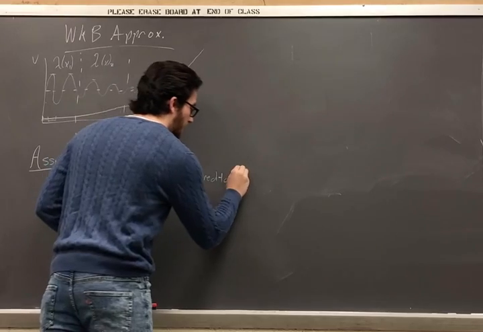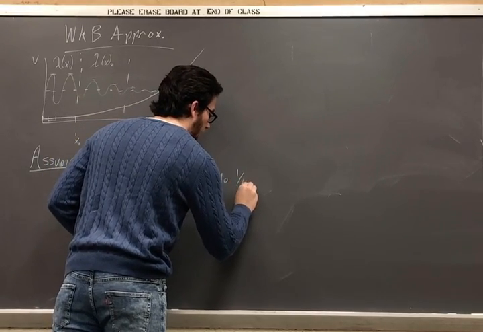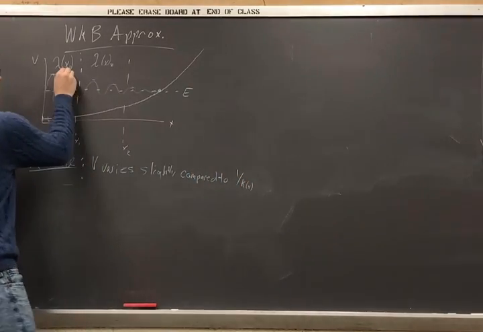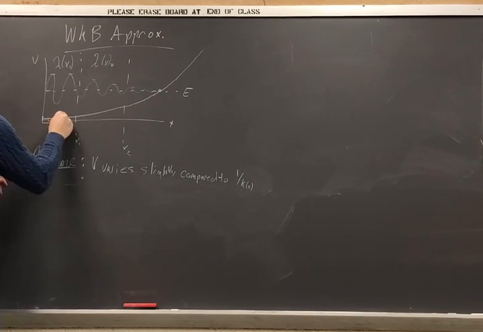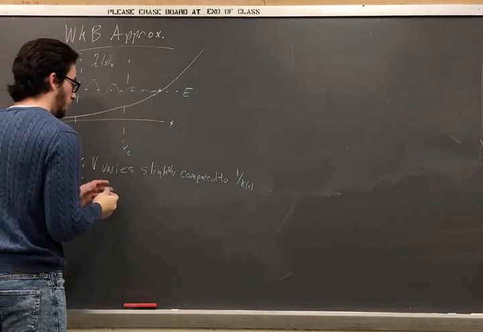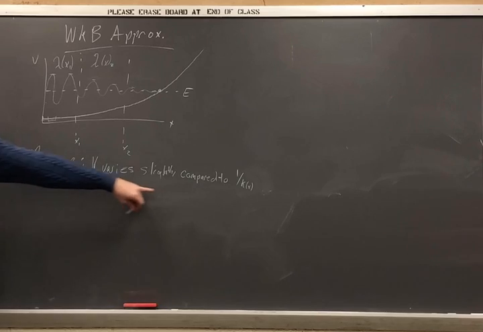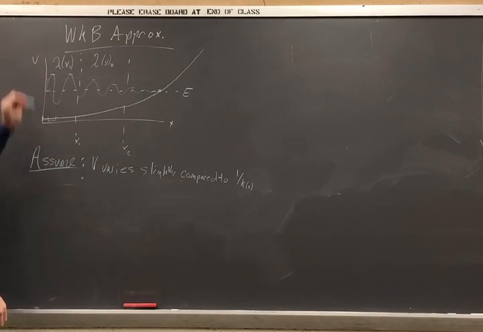So let's just say it varies slightly to 1 over k. Right, so our wavelength is varying only slightly with respect to k. So as k changes, v is only changing very slightly with respect to our wavelength here.